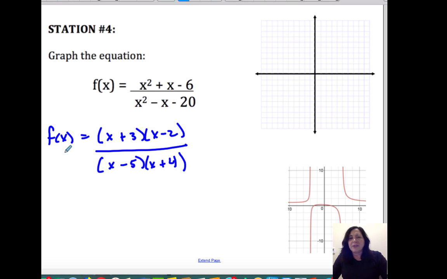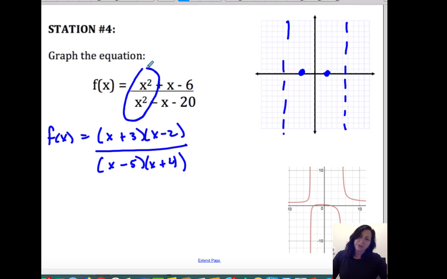And so graphing this equation, what I do see is that I have a negative 3 as an x-intercept, and I have a 2, which is an x-intercept. I have asymptotes at positive 5. I have asymptotes at negative 4. I notice that these two graphs, see my x's, so they're the same.